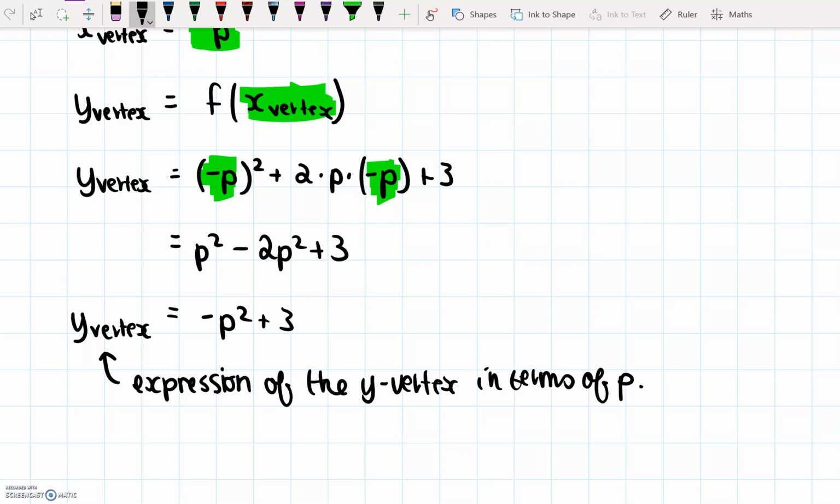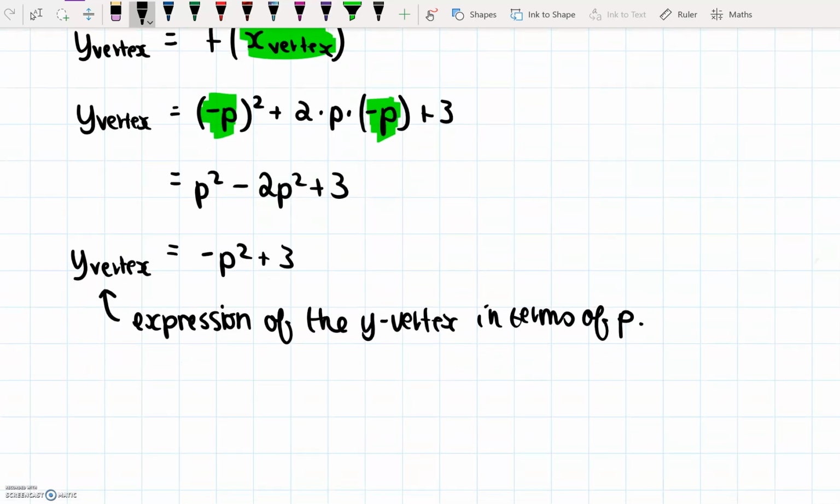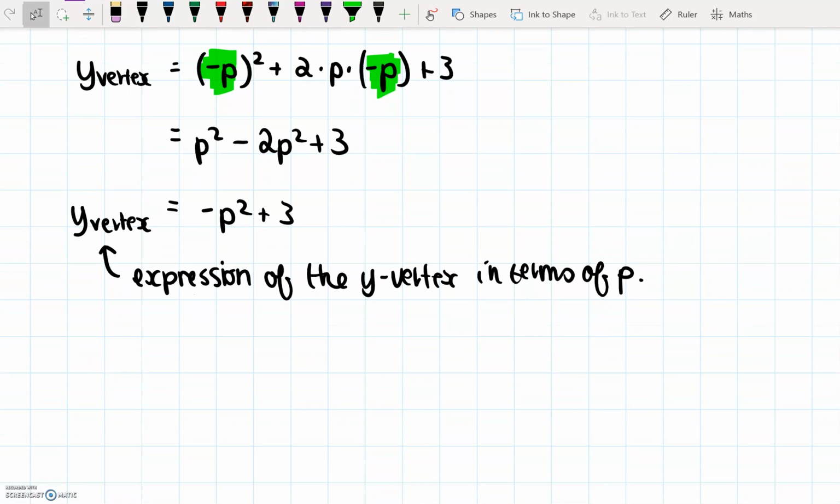So this is as hard as it gets for the moment. They may ask you what the y vertex would be for specific values of p. So for example, they might say to you, okay, let p equal 4. What is the y vertex?